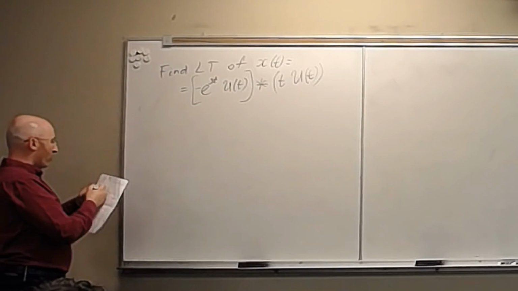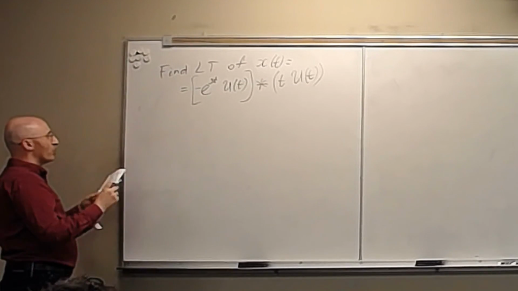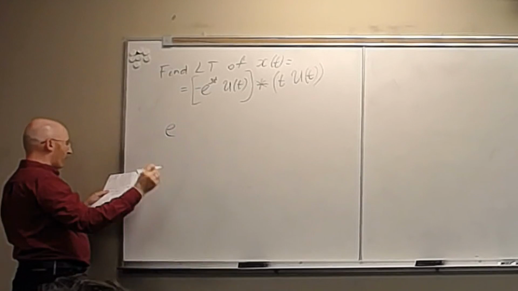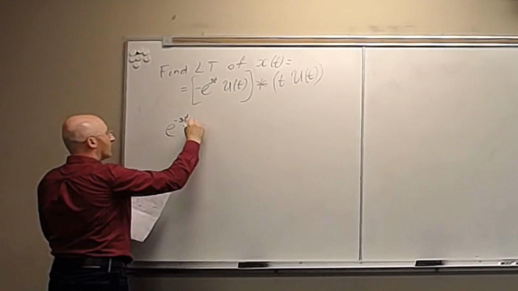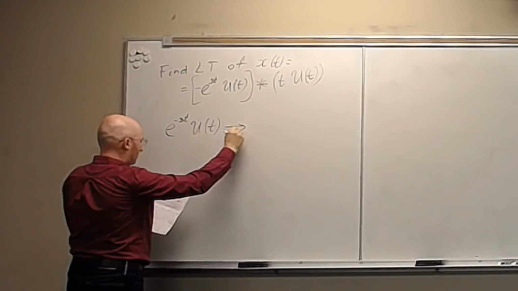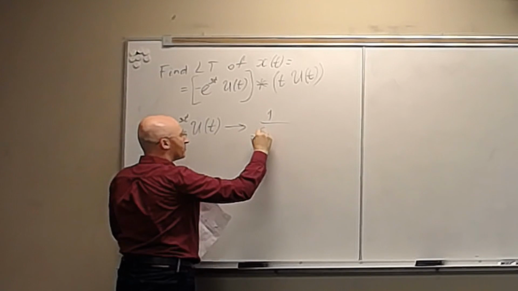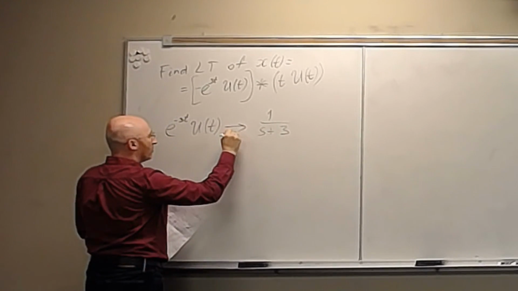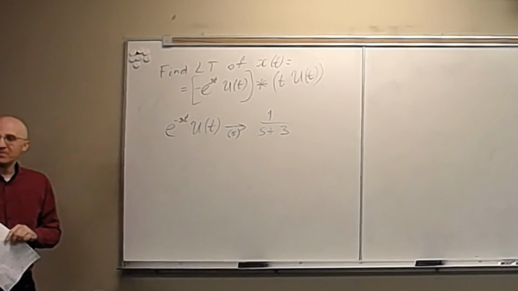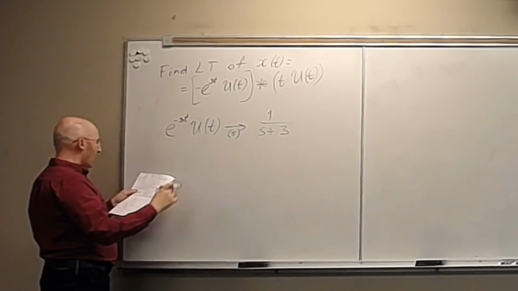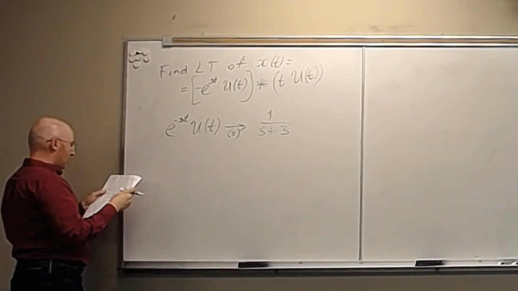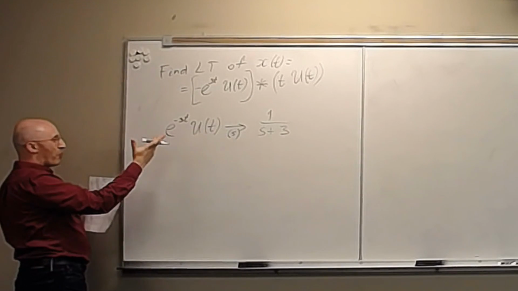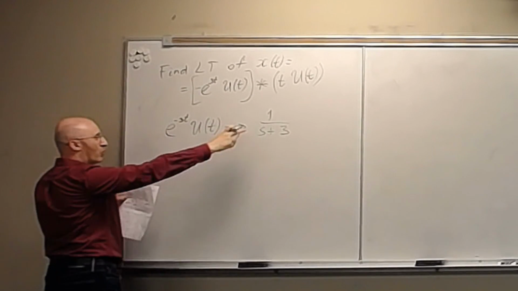So first of all, you have the exponent in the table. This is what you have in the table. That function is transformed to 1 over s plus 3. This is formula number 5 in the table. Also, from the linearity property, you can multiply both sides by -1, right?